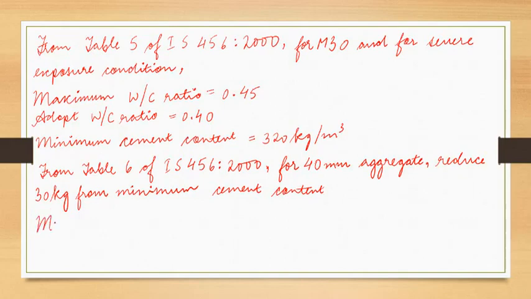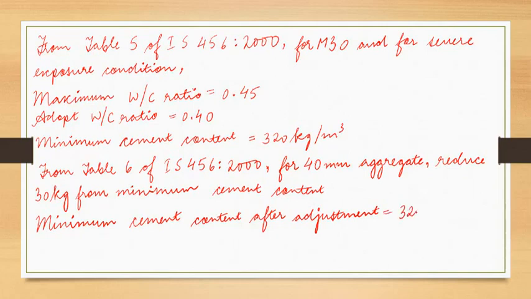So minimum cement content after adjustment is equal to 320 minus 30 is equal to 290 kg per meter cube. So this is the completion of step 2.